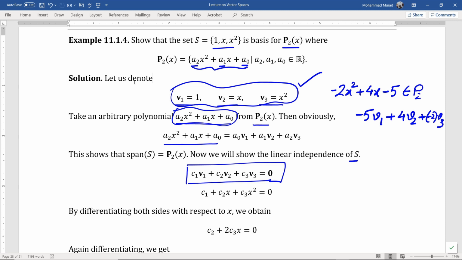If we can show that this equation has only the trivial solution, namely C sub 1 equals C sub 2 equals C sub 3 equals 0, then we will claim the set S is linearly independent. To show that, we replace v sub 1 by 1, v sub 2 by x, and v sub 3 by x squared, and we obtain this equation. This equation is true for all values of x.